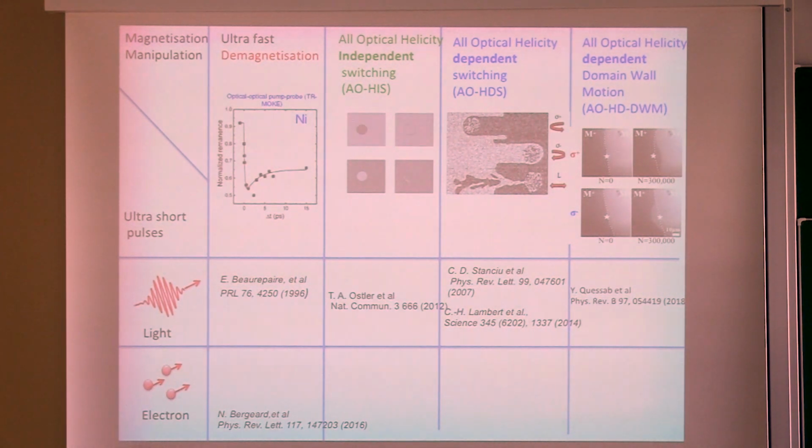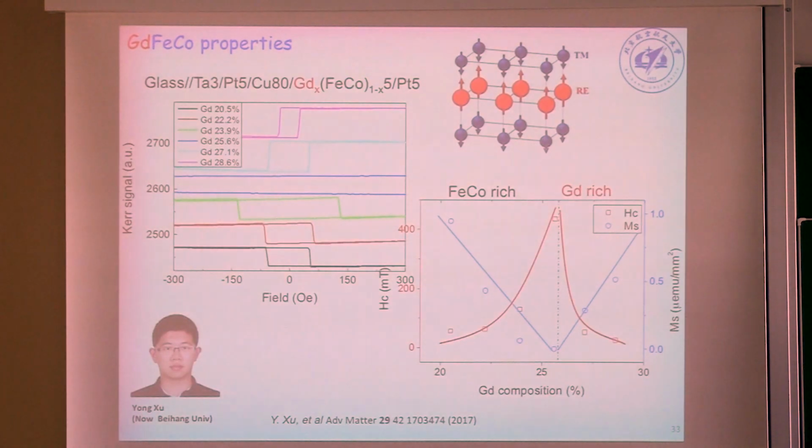Now, let's see if we can do basically the same thing on gadolinium and cobalt, where we could see helicity-independent switching. So the gadolinium and cobalt that were studied are 5 nanometer thick. We studied different compositions around the compensation, because you all know that it's where this effect is observed.